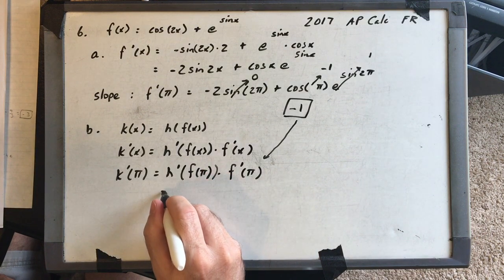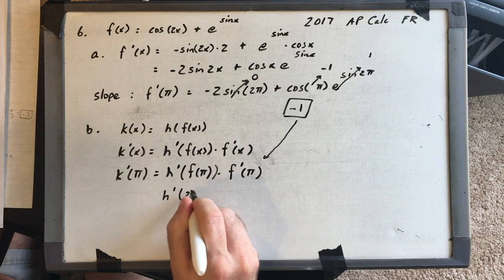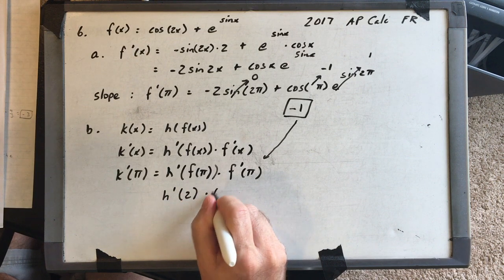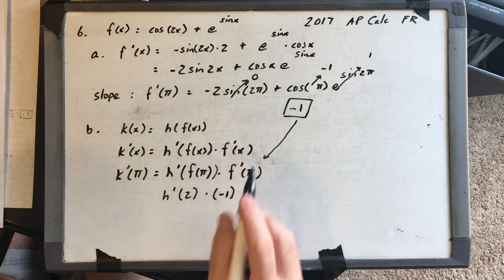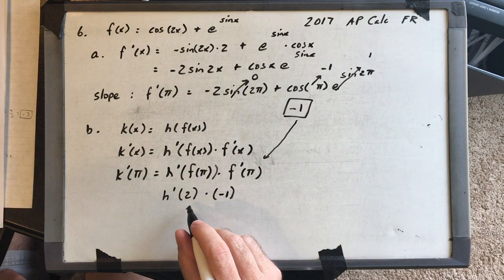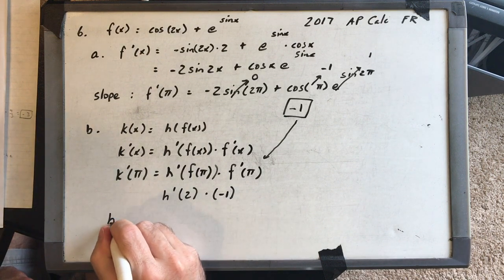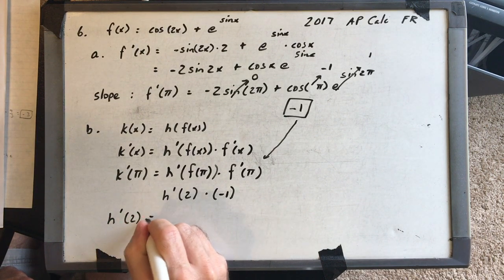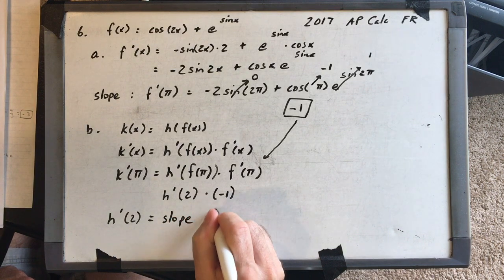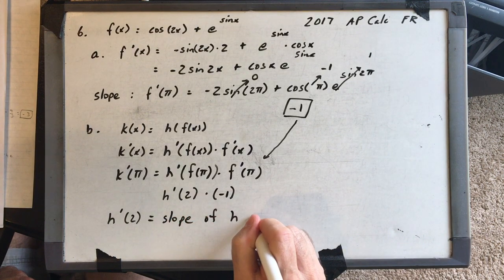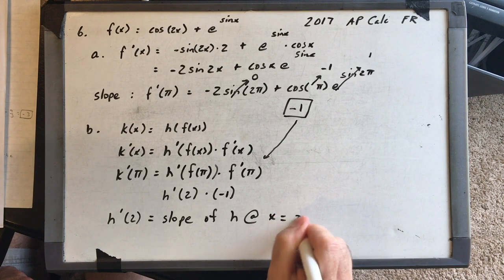Excuse me there. So that's going to be h prime of 2 times negative 1. Okay, remember f prime of pi is negative 1. We got that in the last one. All right, h prime of 2 is the slope of h at x equals 2.